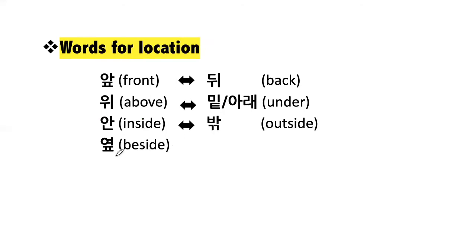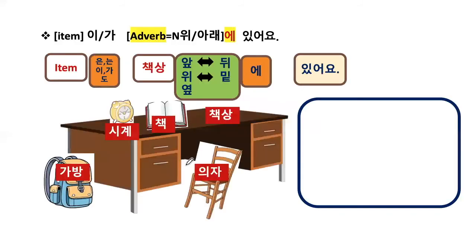So let me read them one more time. 앞, 뒤, 위, 밑, 아래, 안, 밖, 옆. Okay?